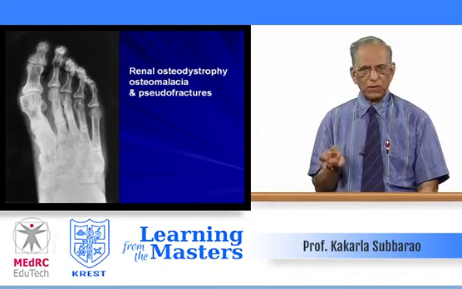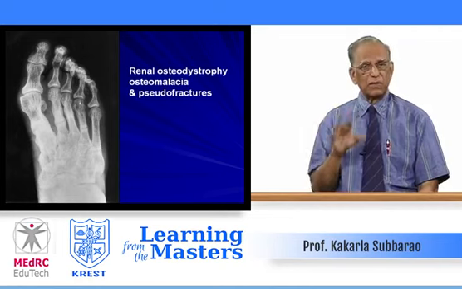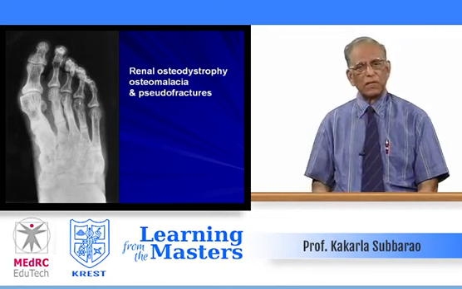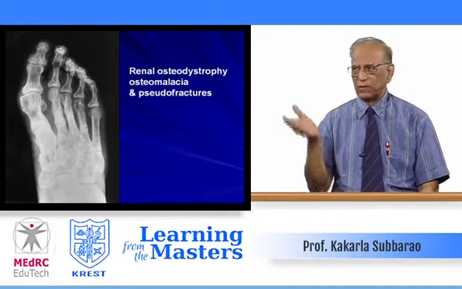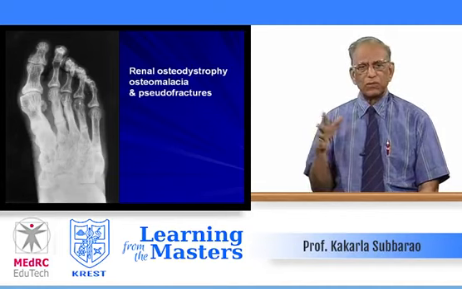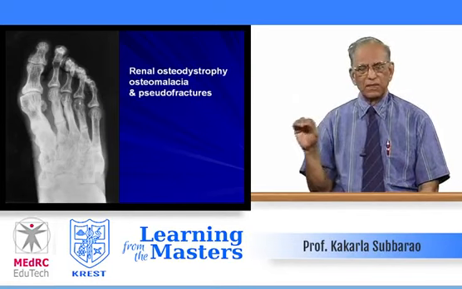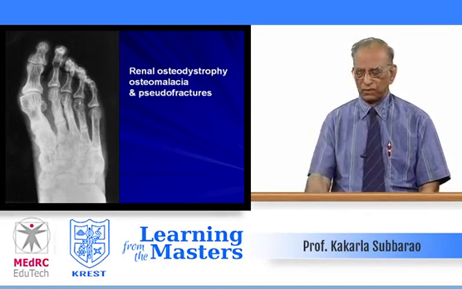You can get osteoporosis, osteomalacia, hyperparathyroidism, soft tissue calcifications, and osteosclerosis. All these five combined together, we call renal osteodystrophy. Any of them can predominate. For example, here you don't see much subperiosteal resorption of bone, but what you see is increased density and osteomalacic changes because of the Looser zones.